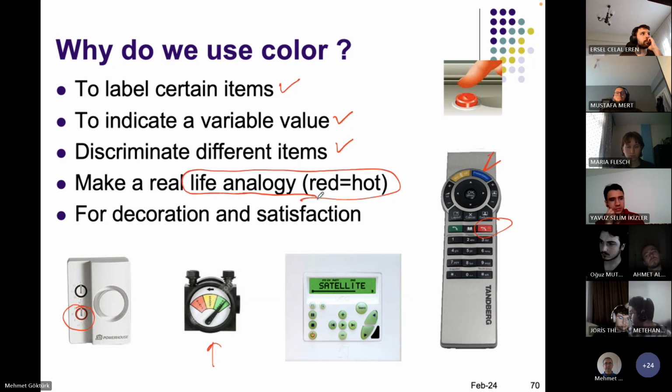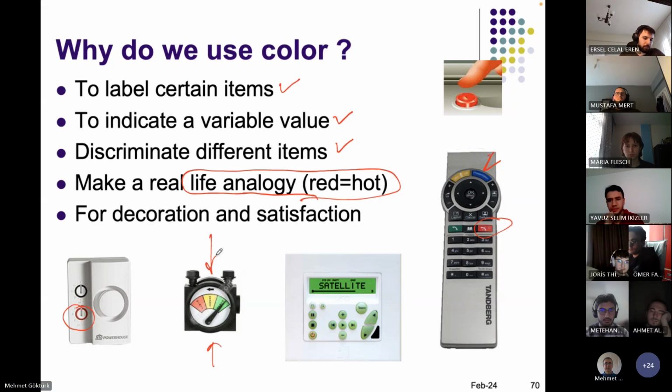When things are related to safety and unsafety, good and bad, nice and not nice, go and stop, green and red are probably on the edges. Sometimes we use orange and yellow in the middle, like we use in the traffic lights. Sometimes green is low value, sometimes green is high value.